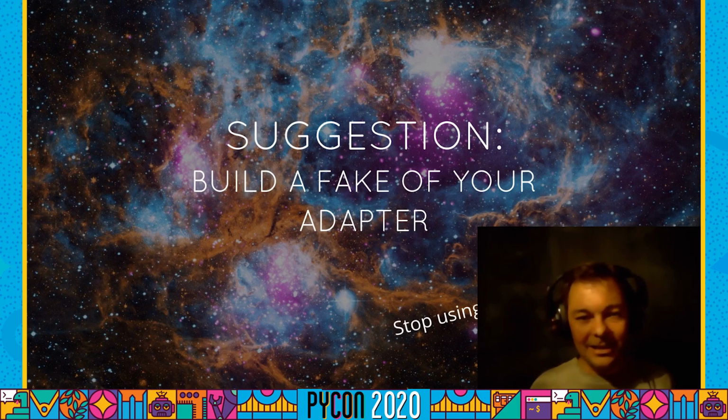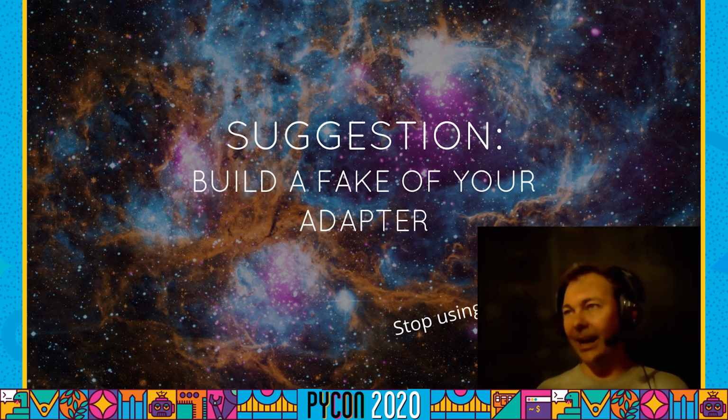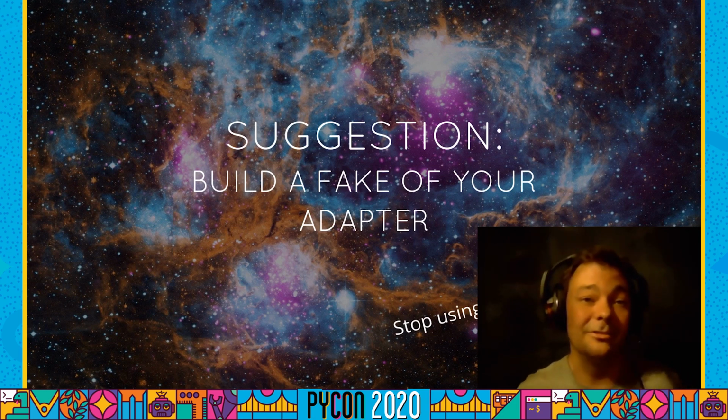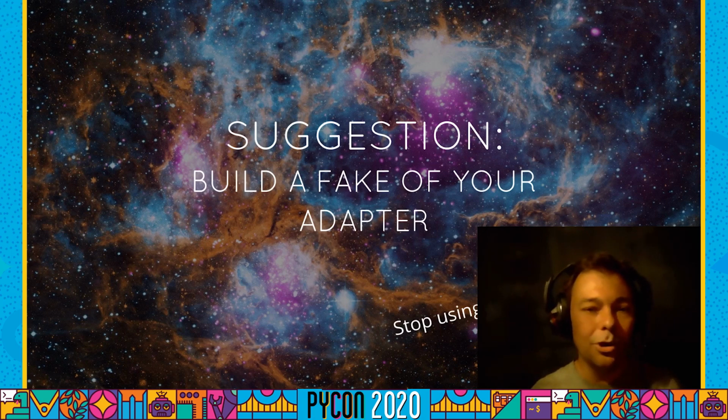What is a fake? What is the difference between a fake and a mock? I don't want to dwell into this too much. But basically, whilst a mock is an object that is going to pretend to do things and that I can later ask questions of my mock saying, hey mock, who called you and what did they call you with? That whole assert mock.call_logs.blah.